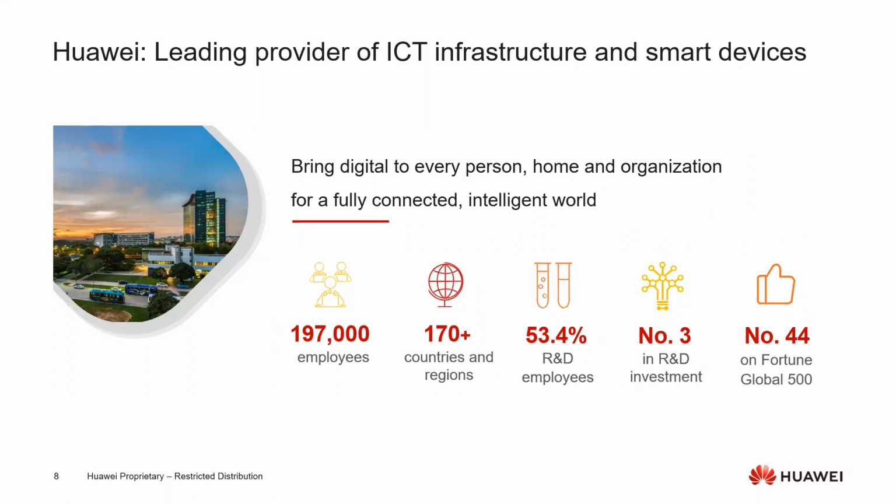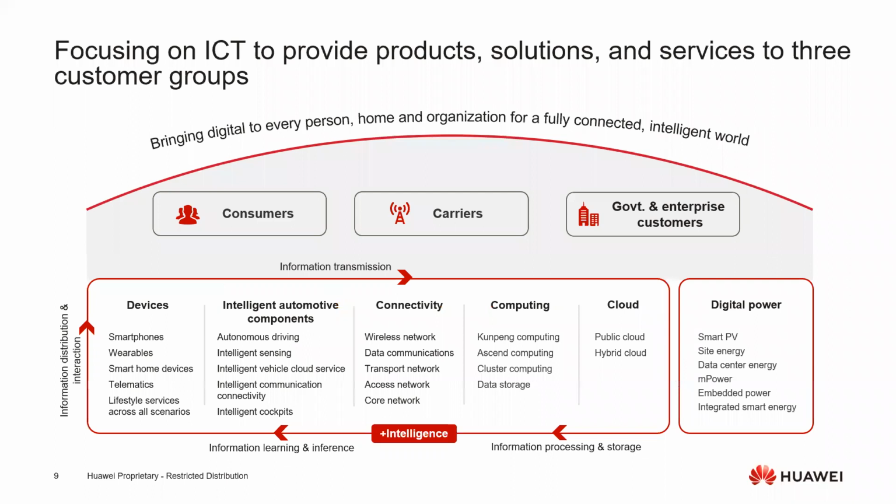You can say the focus is more towards research and development, and we are number 3 in terms of R&D investment. In the global Fortune 500 ranking, Huawei has achieved number 44. We are covering industries like consumer, carrier, and enterprise customer industries, and in all these industries we have products and solutions.